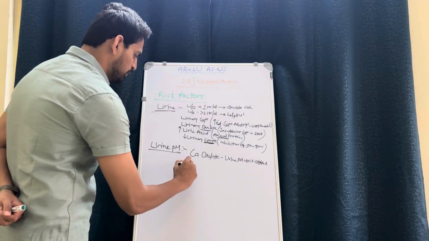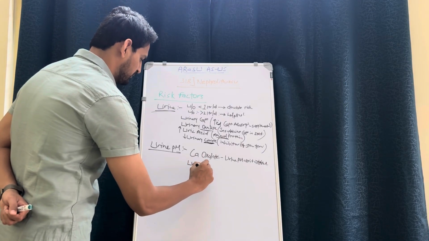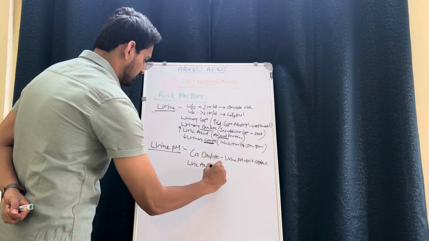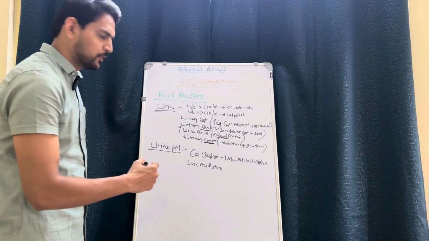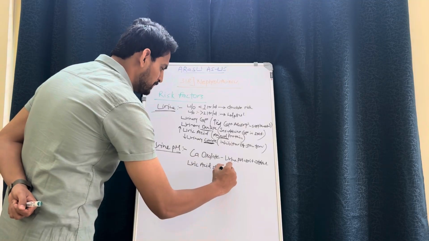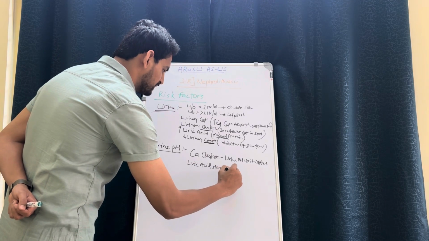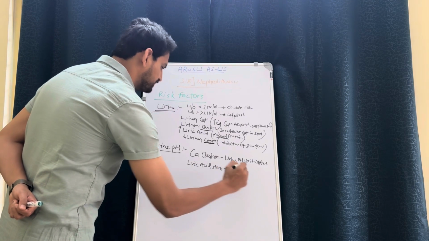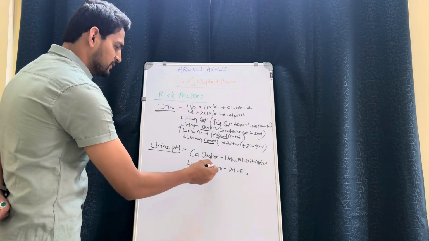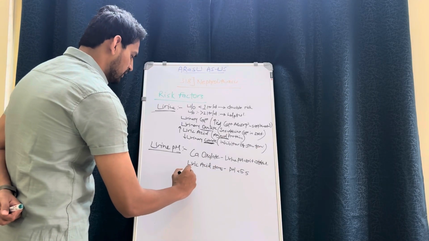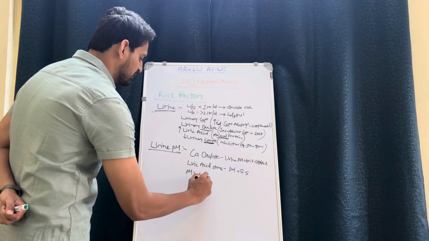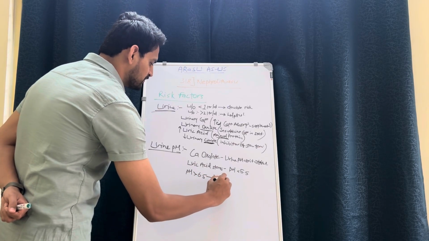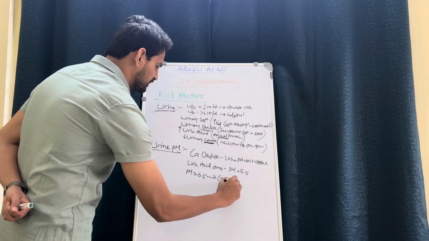Whereas for uric acid stones, the risk of uric acid stone formation will be more if urinary pH is less than 5.5. Whereas the reverse, if urinary pH is more than 6.5, risk of calcium phosphate stones will be more.